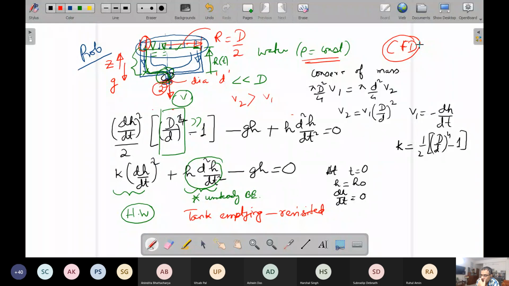So you can learn to use one of the either open source or commercial softwares, and this problem is actually very easy to solve. It's a free surface problem, so you have to use a free surface tracking method. There are methods like volume of fluid method, etc. So you can just click on a button there. You don't have to really understand what it is, but you can solve the problem.